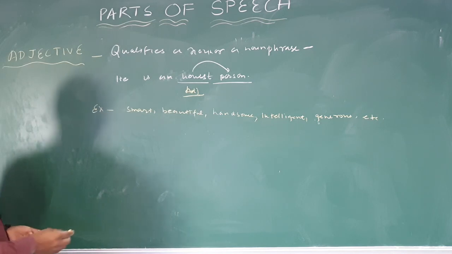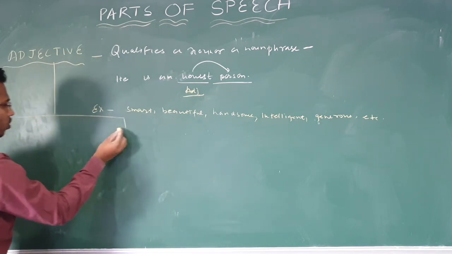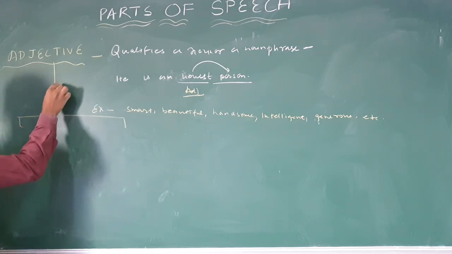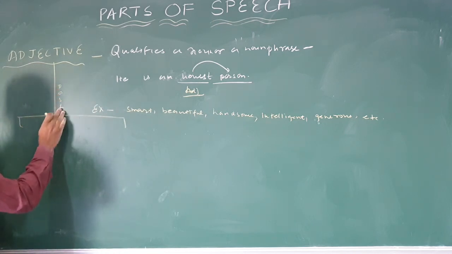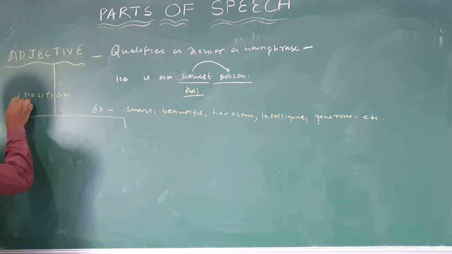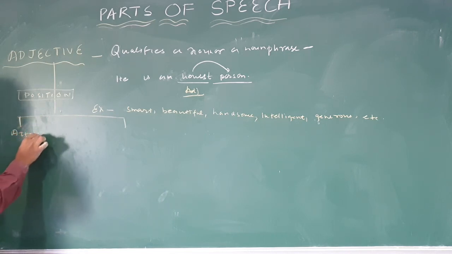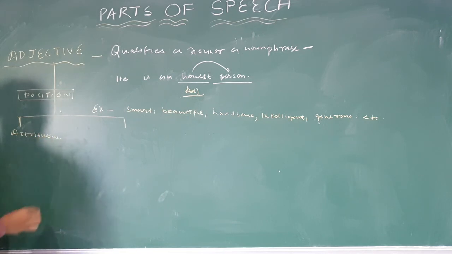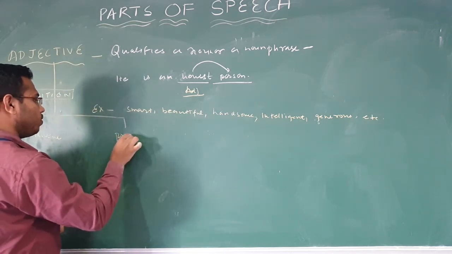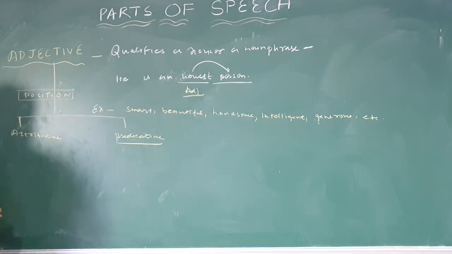Now, adjectives on the basis of position can be of two types. Number one, we have attributive, and number two, we have predicative.